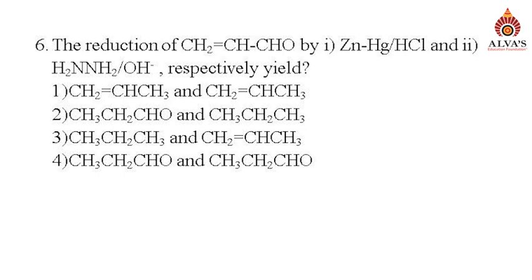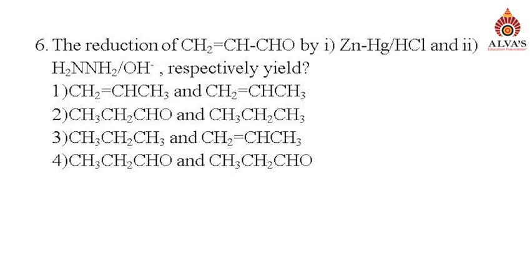Now the options are CH2, CH3, that is propene, and propene. Second is propanaldehyde and alkane, that is propane. Third option is propane and propene, and fourth option is propanaldehyde in both the cases.